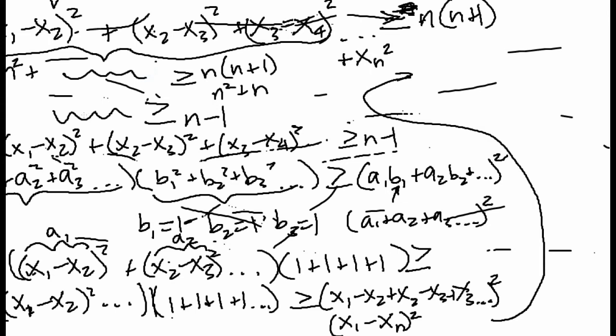Now, how many 1s are in here? How many terms are there exactly? Well, it goes from x1 to, let's see, the last term is xn minus 1 minus xn. Since it goes from x1 to xn minus 1, there should be n minus 1 terms in here.